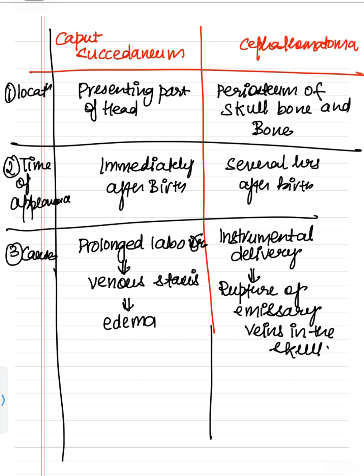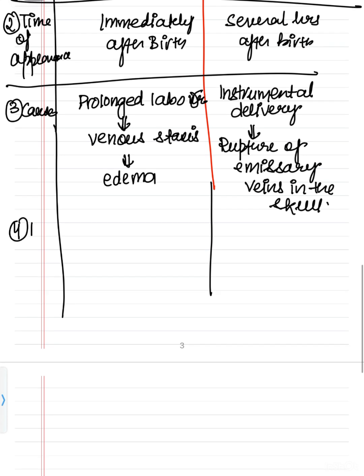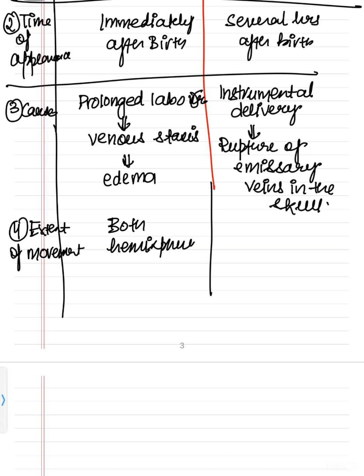Now, another is the extent of swelling. We know that in the caput succedaneum, because it is above the periosteum, it can cross both hemispheres. It can cross suture lines.